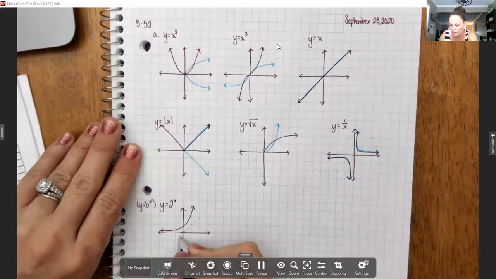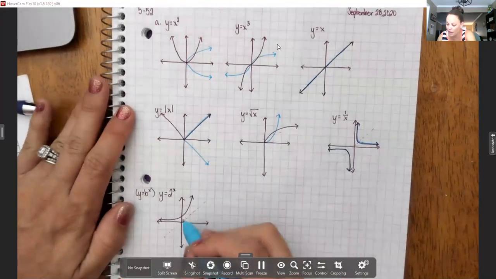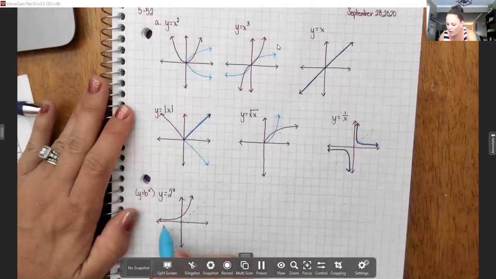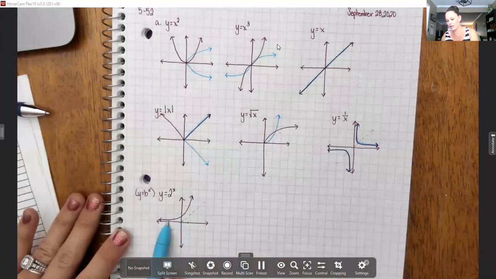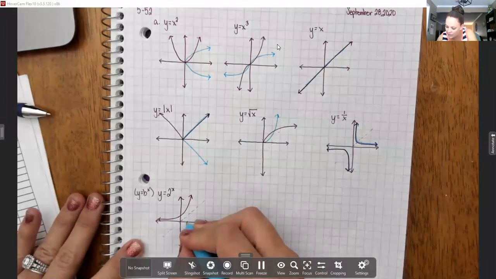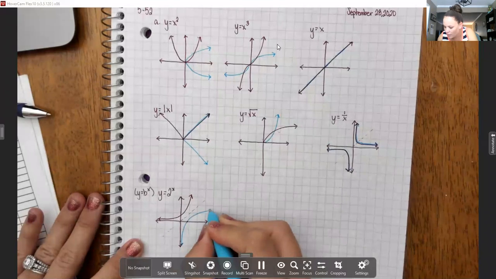Probably should have drawn this in for all of them. If it's helpful, you can go back and draw it in. And then same thing, if I fold this over, if this is like the point 0, 1, it becomes the point 1, 0. This asymptote right there was getting close to the x-axis. Now it's going to get close to the y-axis and look like that.